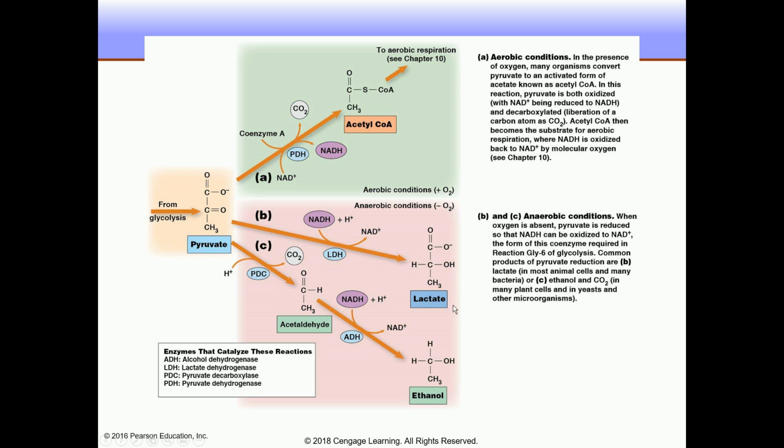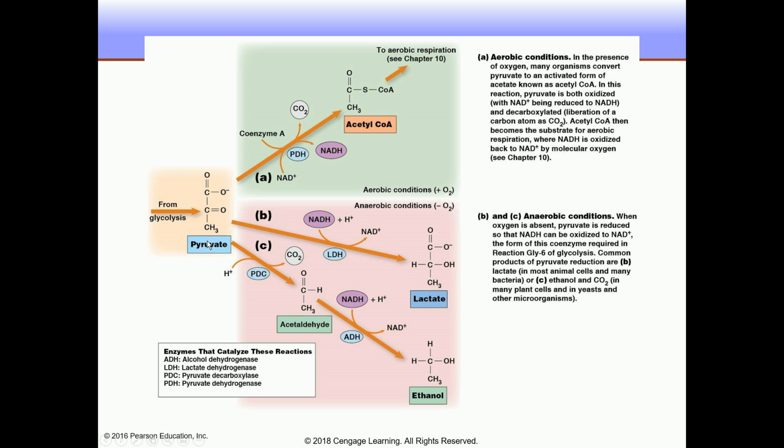So pyruvate gets reduced because it accepts the electrons. NADH gets oxidized and converted into NAD plus, and it's very important for NADH to be regenerated back to NAD plus. Now the other kind of fermentation is called alcoholic fermentation or ethanol fermentation.